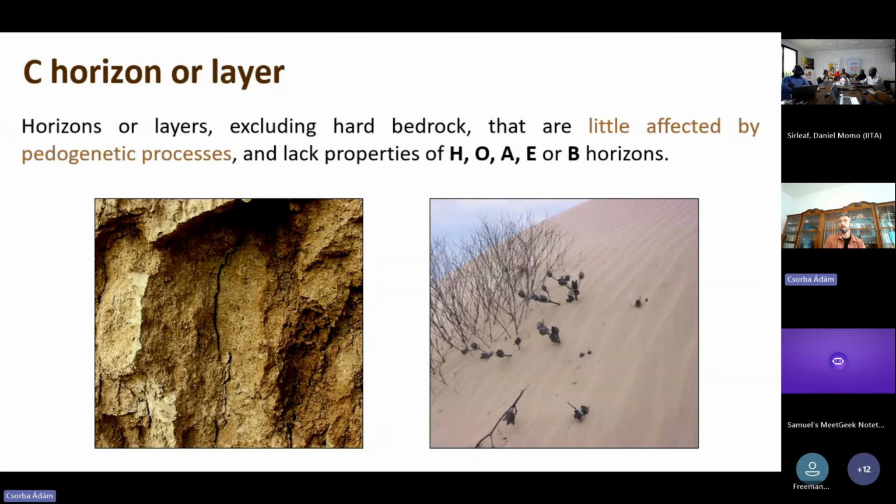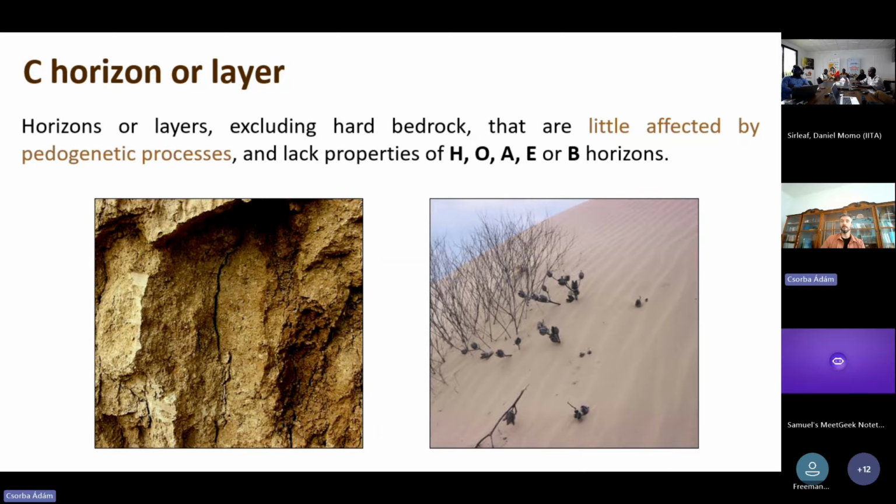In the field, the C horizons often look less structured, biologically less active, and less organized than the horizons above it. So basically, the C horizon is the soft parent material, which can be, for example, loose sand or a clay material.